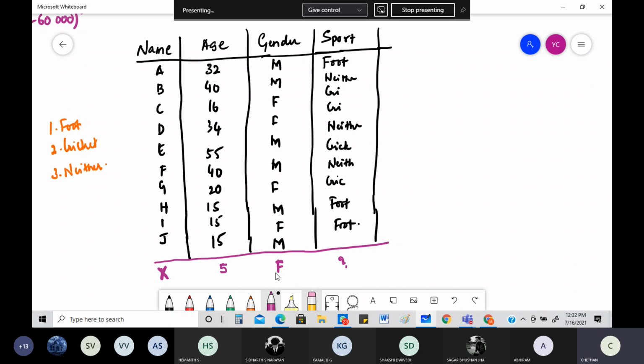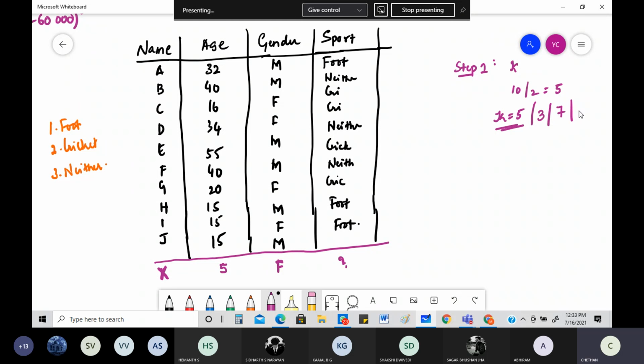Now what is the first step? We know very clearly that step 1 is to figure out our K. How can you figure out K? If there are 10 data points here, divided by 2, you get 5. You can choose K equal to 5 easily. Or if you don't want only 5, you can choose even 3 or 7.